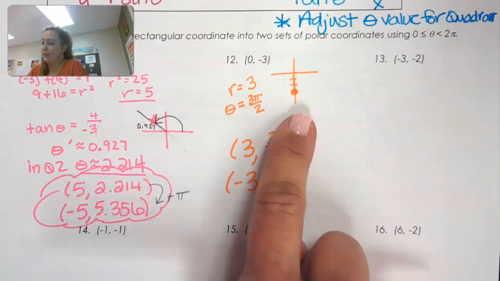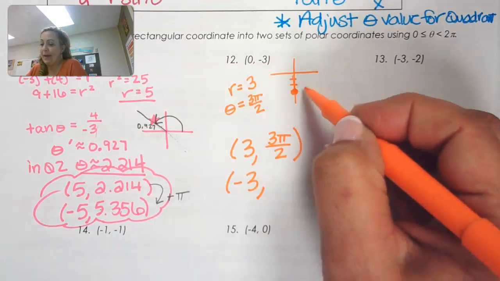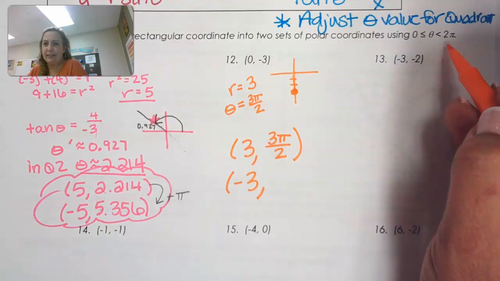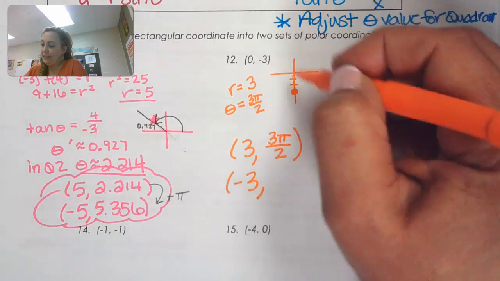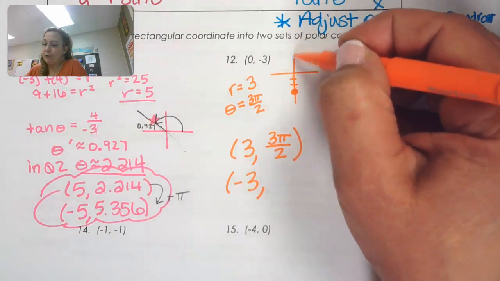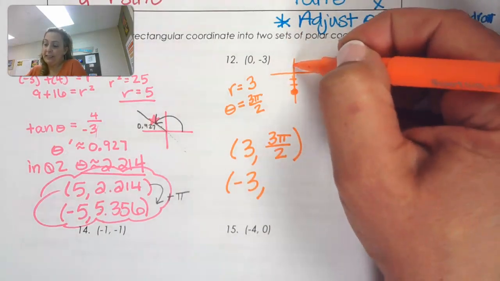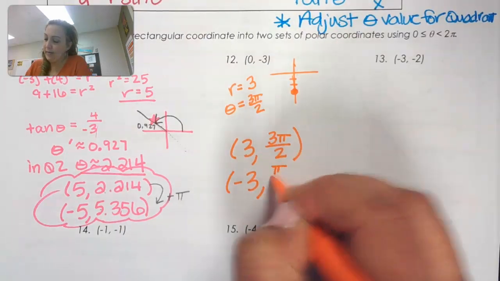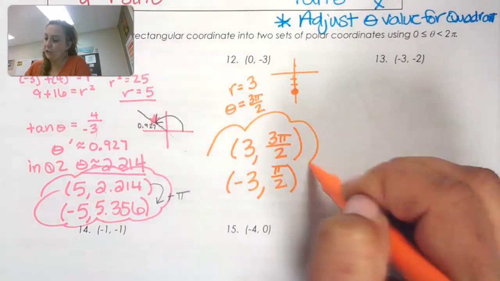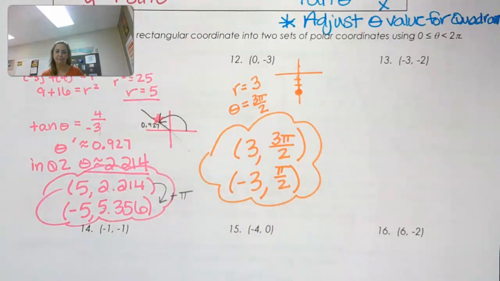Now, in the other question, we added pi, but if we add pi, we end up with a value of theta that's more than 2 pi. So instead, we're going to think about subtracting pi, or visually in this case, you can see that we would have to go to pi over 2 in that case.